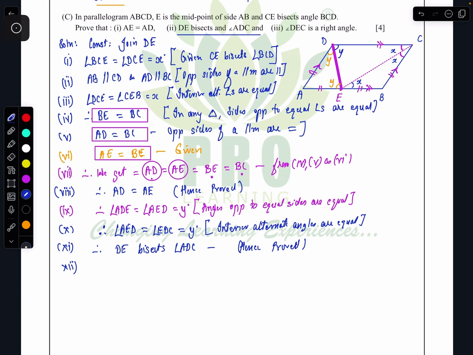So statement number 12, we will say angle ADC plus angle BCD together makes 180 degrees. The reason for this is co-interior angles are supplementary. If we don't write co-interior angles, we could write allied angles are supplementary.